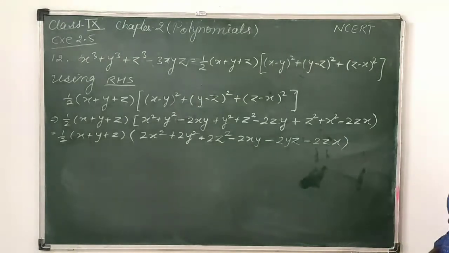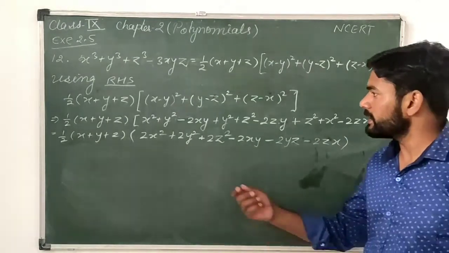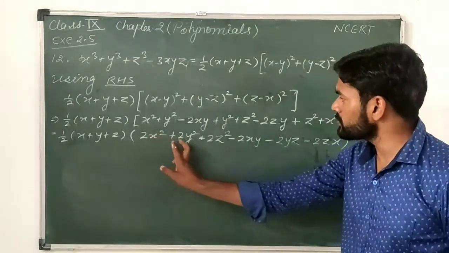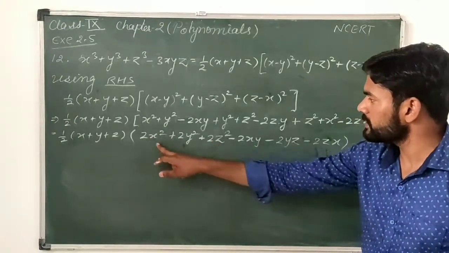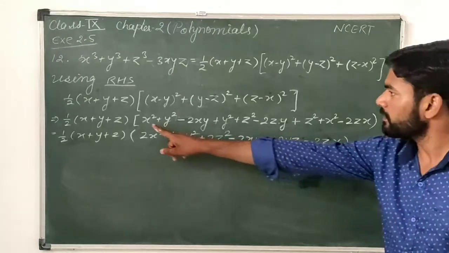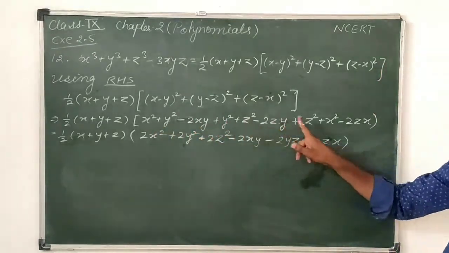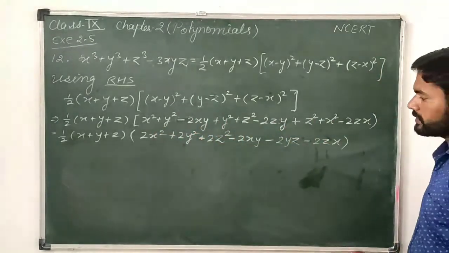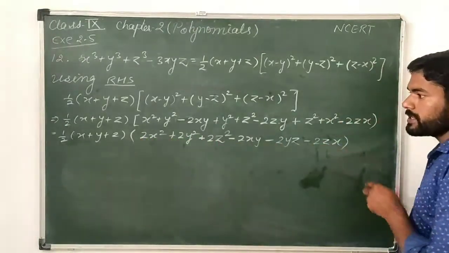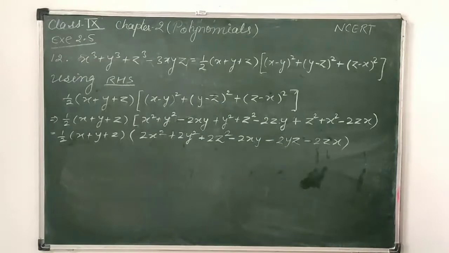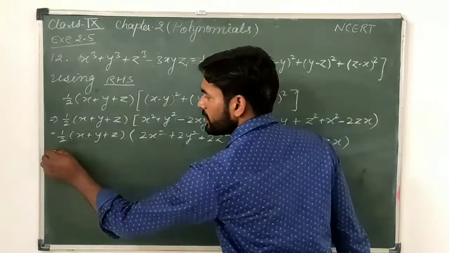Once confirm, have you written all the terms or not? Look, 2 terms from here, 2 terms from here, 2 terms from here, so 1 2 3 4 5 6 7 8 9. Yes, we have done. Now look, all terms have 2, so we can take 2 outside as common.